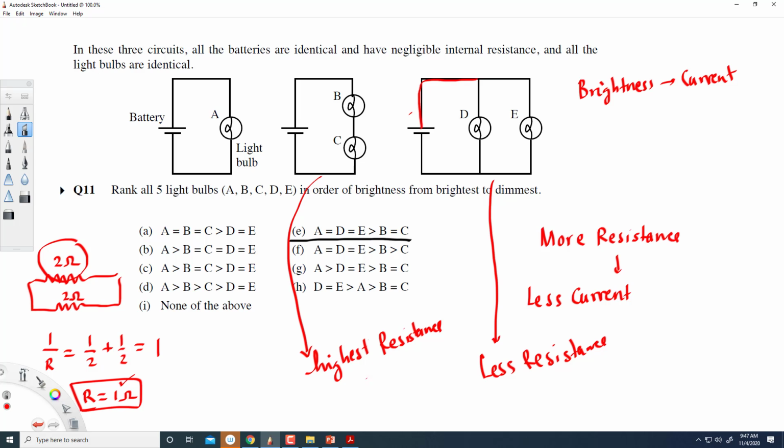That means resistance decreases in a parallel combination. And when you combine them in series, you increase it, because if you have 1 and 1 here, the total would be 2. So this circuit will have greater resistance, meaning least current.